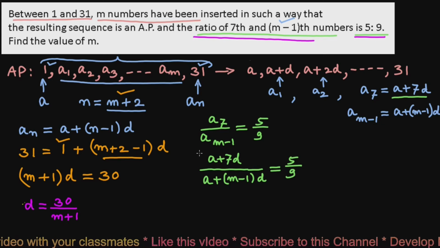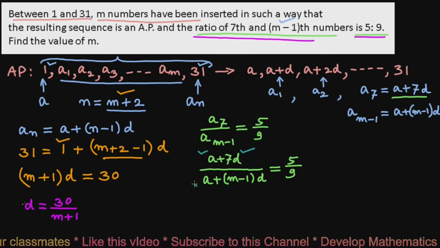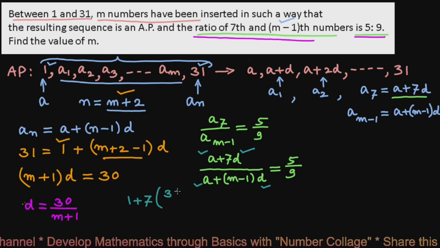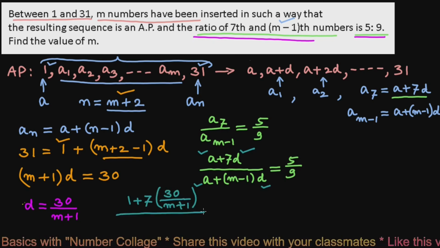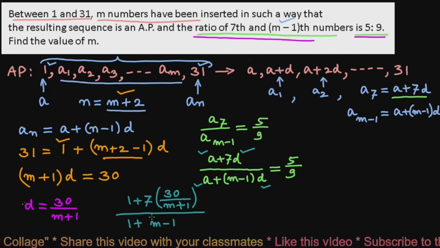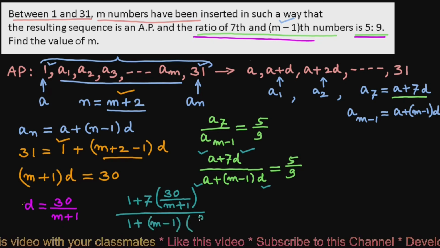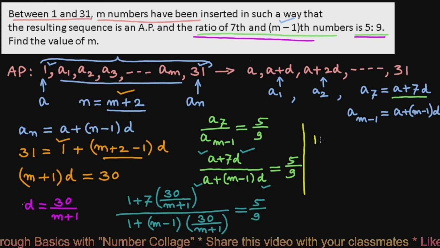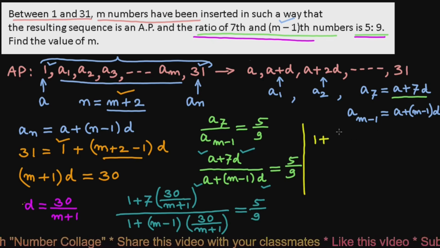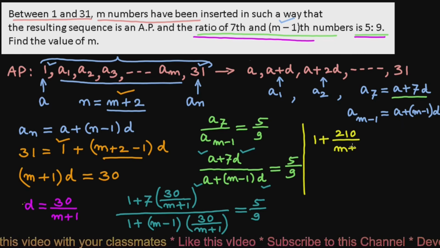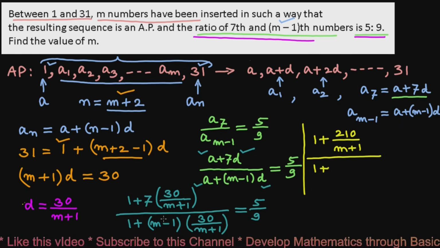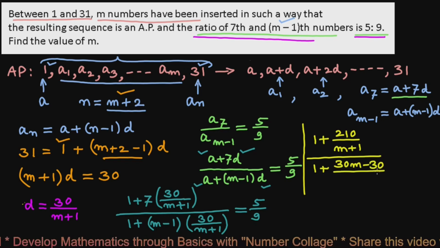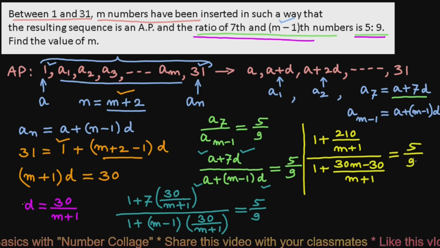Now we will substitute the values of a and d and write 1 plus 7 multiplied by value of d, which is 30 upon m plus 1, upon 1 plus m minus 1 multiplied by 30 upon m plus 1, which is 5 upon 9. And now this will be 1 plus 7 into 30, 210 upon m plus 1 upon 1 plus m minus 1 into 30, 30m minus 30 upon m plus 1 equals 5 upon 9.